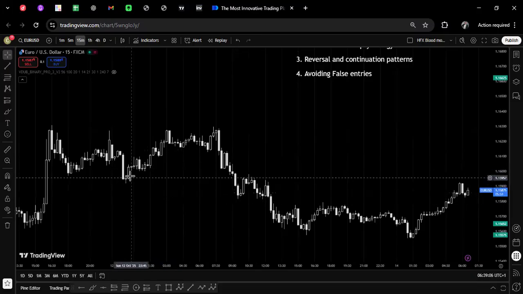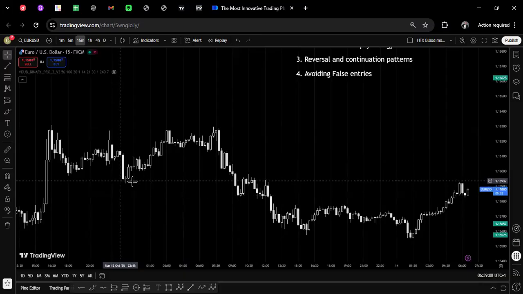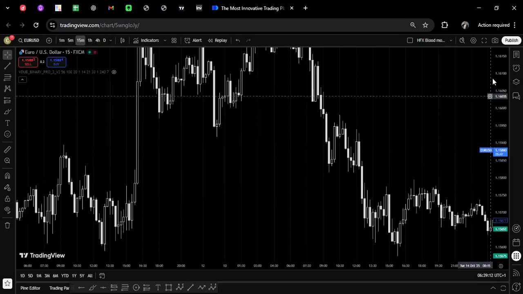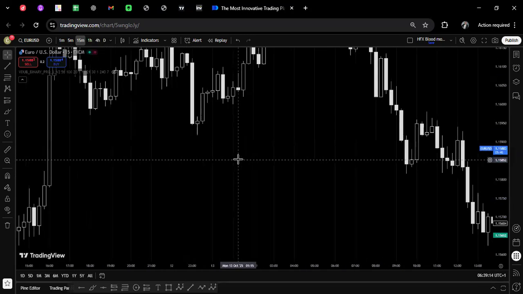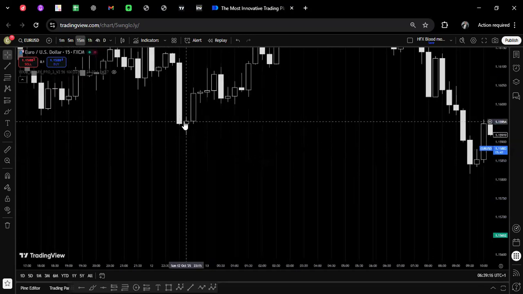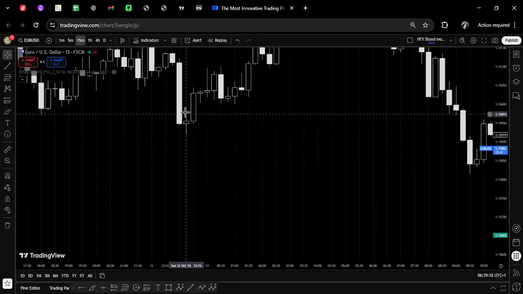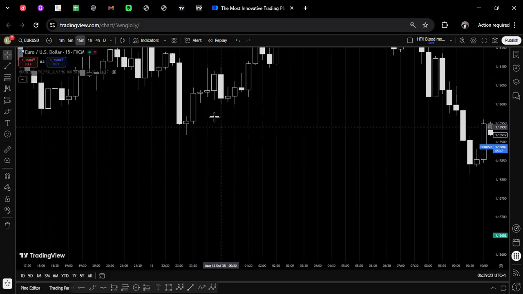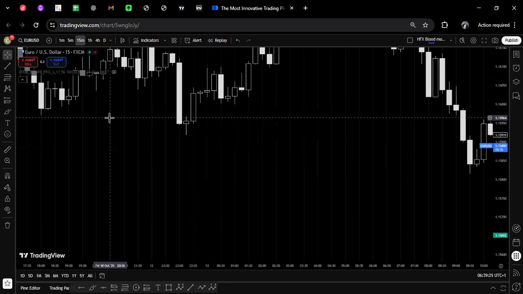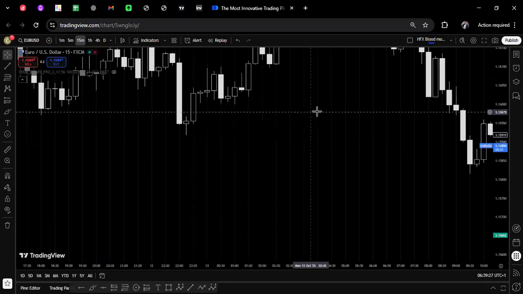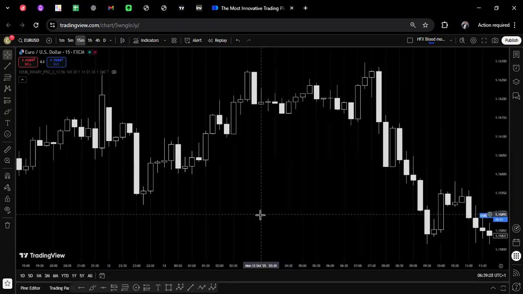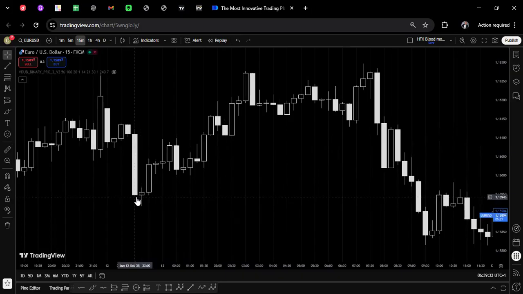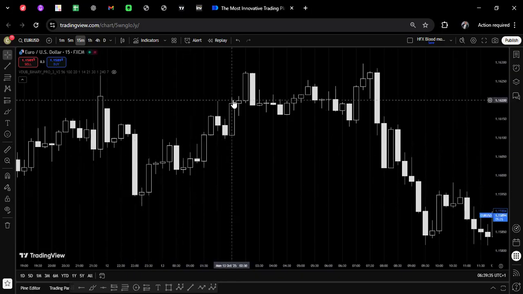When you see a doji, it is a candle that has a wick above and below and a very small body. So when you see this pattern appear at a good support or resistance zone, it signifies a potential reversal. Just like we have here, it appeared here, then of course the market went up.